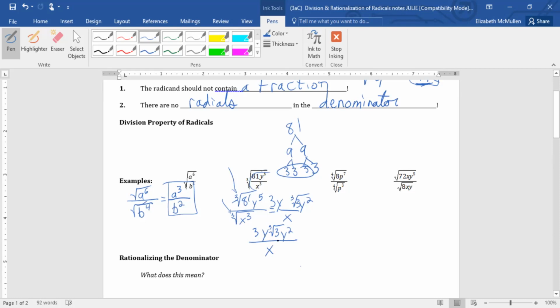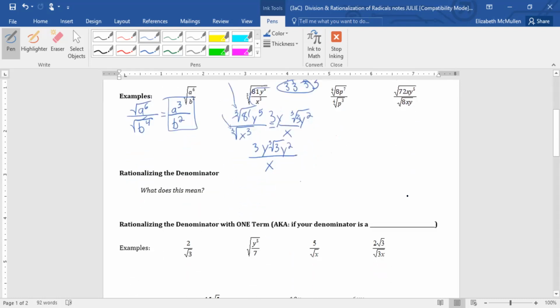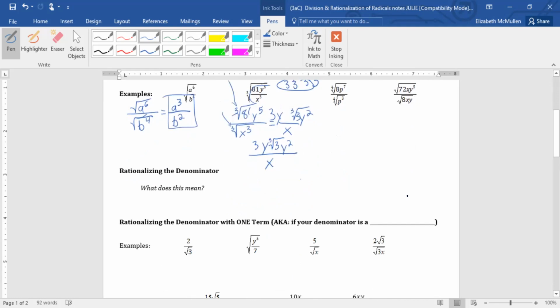All right, next, what do I do here? Any ideas? All right, we have the basics here. All right, next, rationalizing the denominator. What does it mean to rationalize? All right, this means we're going to get rid of the radical when it doesn't simplify.